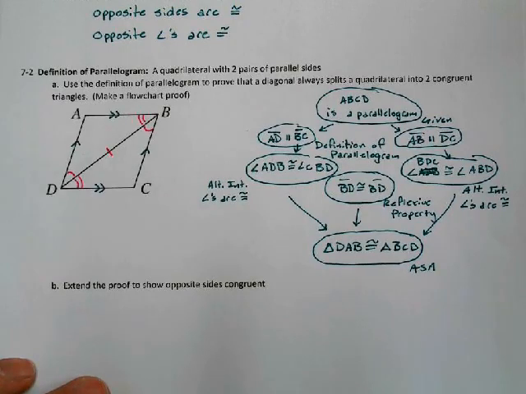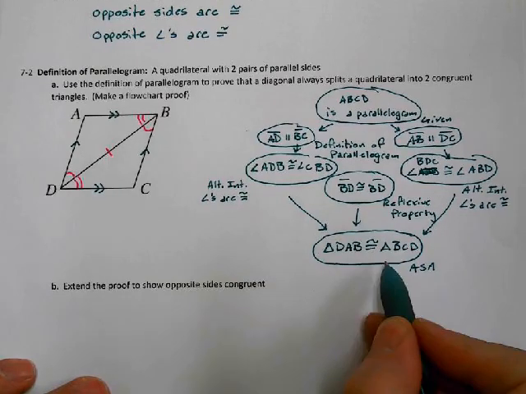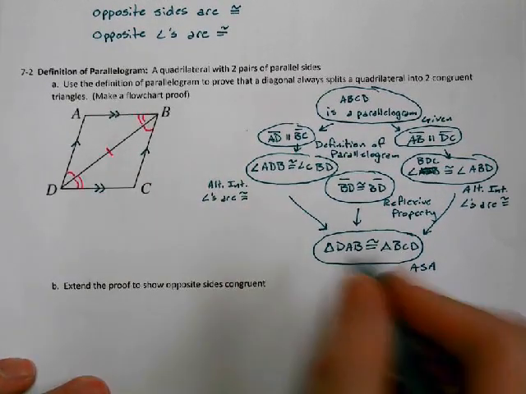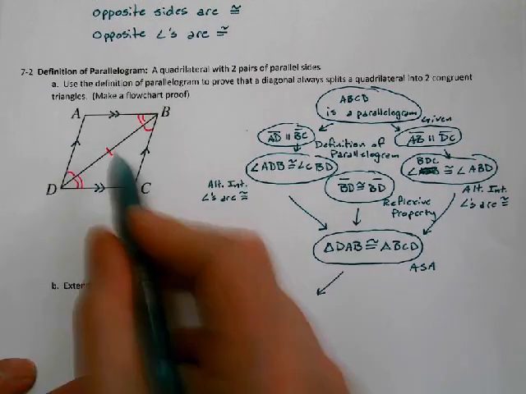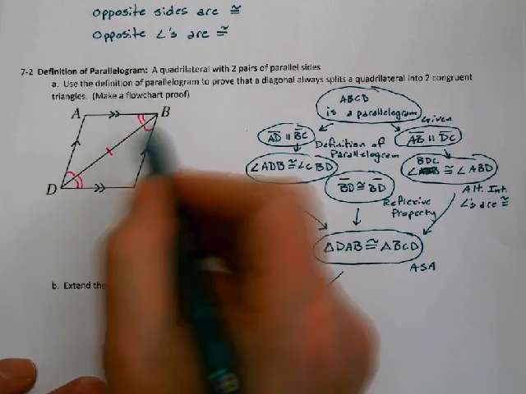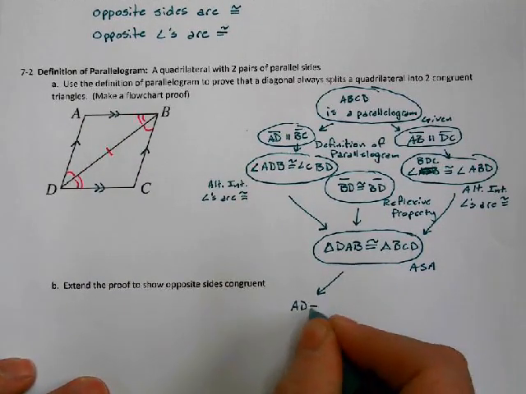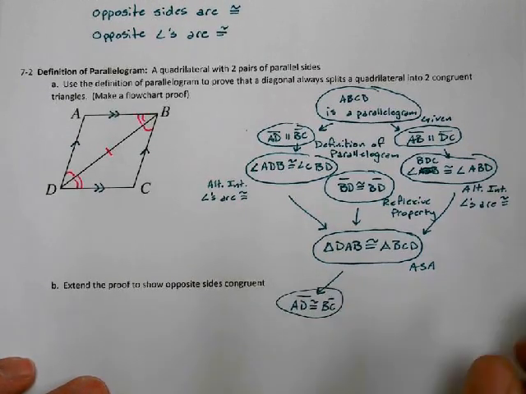So what we can do now is we can say, since the triangles are congruent, all the corresponding parts are congruent in the triangle too. So now I can come off of this statement and say, okay, these two triangles are congruent, so AD and BC are corresponding parts, and AD would be congruent to BC. And you can say it a bunch of different ways. I like just saying CPCTC.